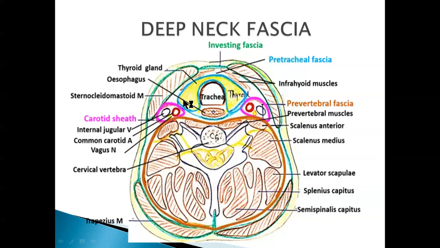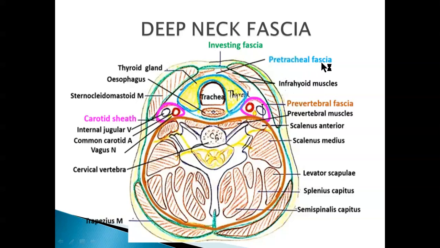So, a very important question. Investing fascia envelops your parotid gland, dividing into two layers, and the submandibular gland, plus two muscles, this one and this one. All right, so this is all about investing fascia.